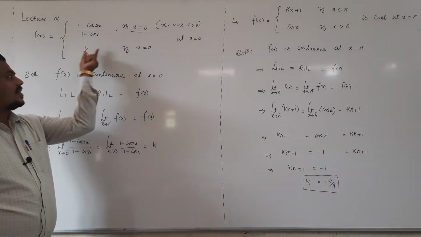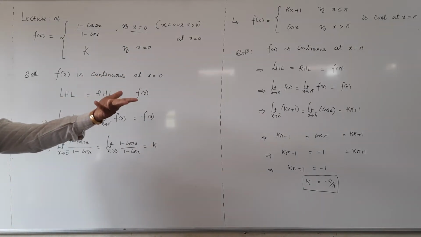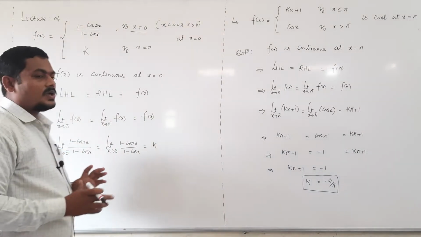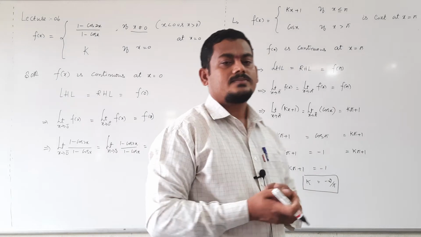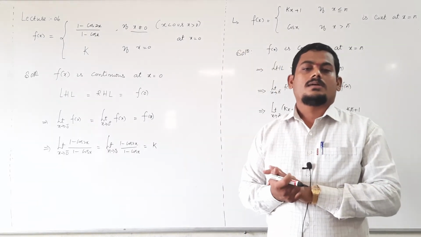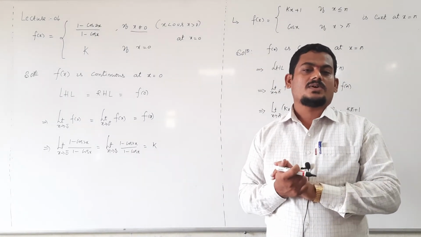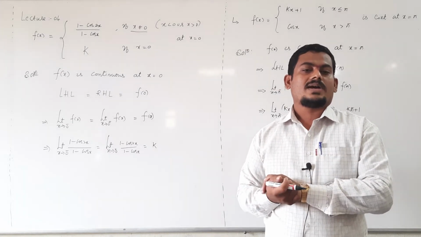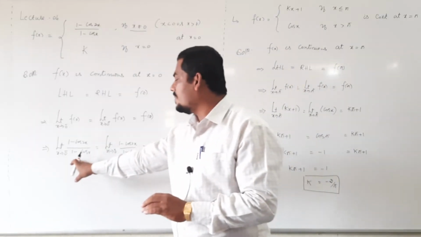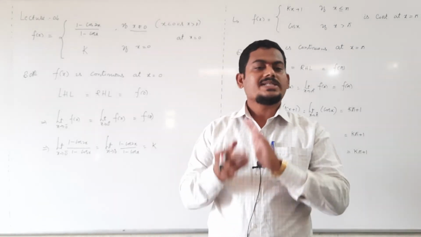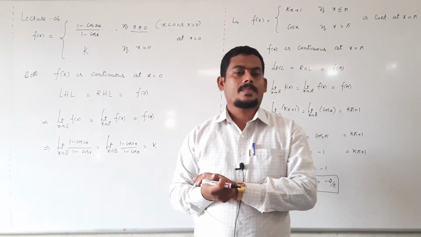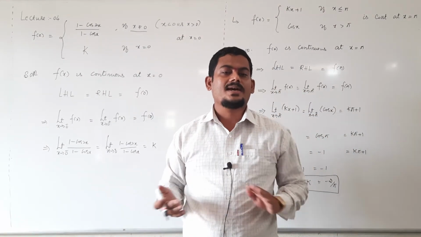At x equal to 0, the function is k, means f of 0 is k. Now if you put x value 0, then what happens? These two limits become 0 by 0. Once you get 0 by 0 form, then don't put x value 0, means don't apply the limit value.